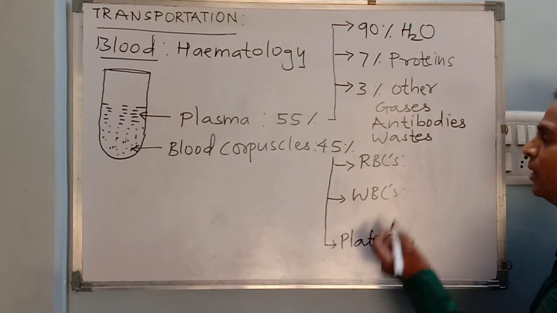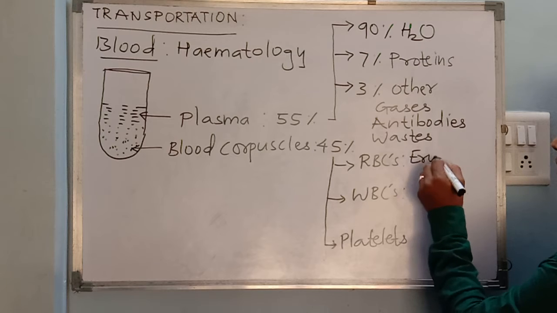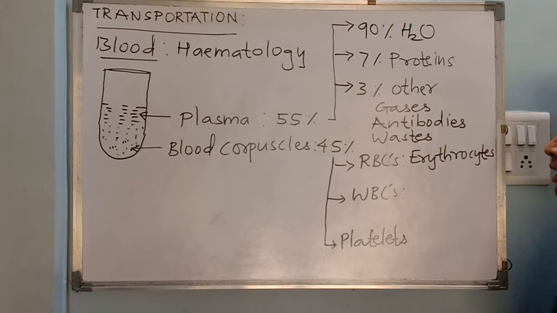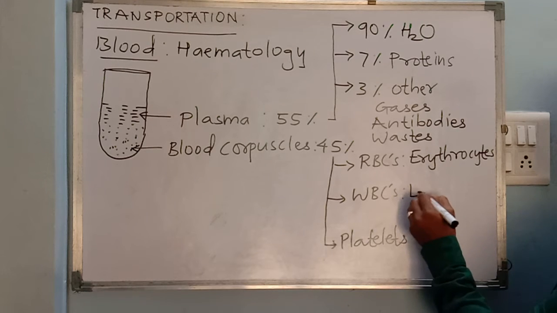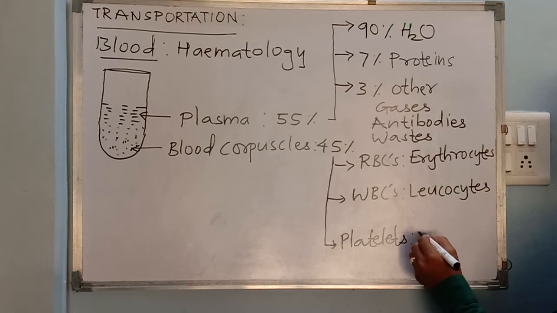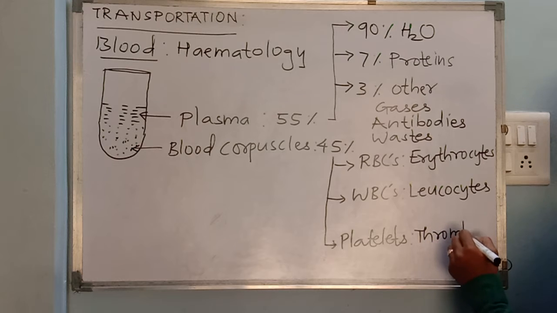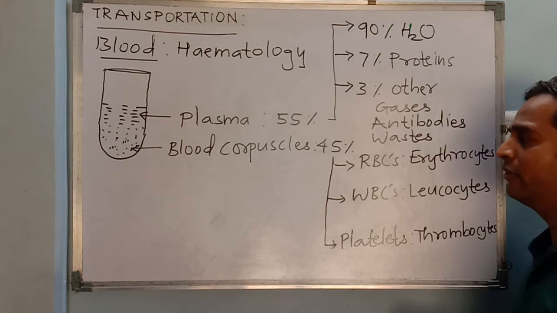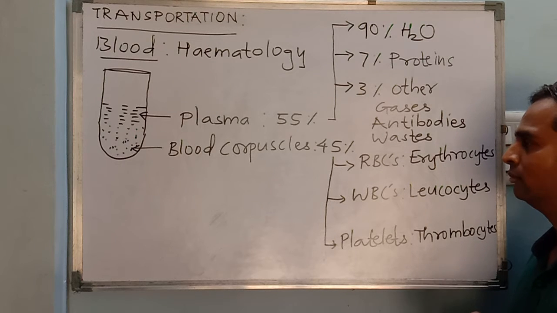Scientifically they can also be called erythrocytes. Remember the name. RBCs or erythrocytes, WBCs or leukocytes, and platelets or thrombocytes. Got it? These blood cells or blood corpuscles are about 45% of the total blood.